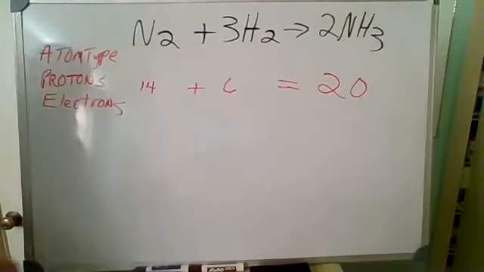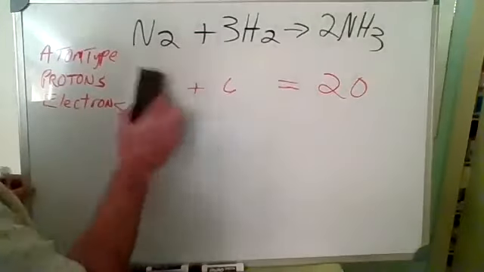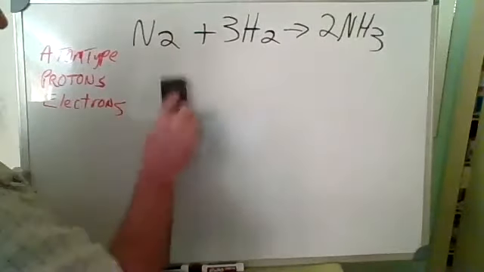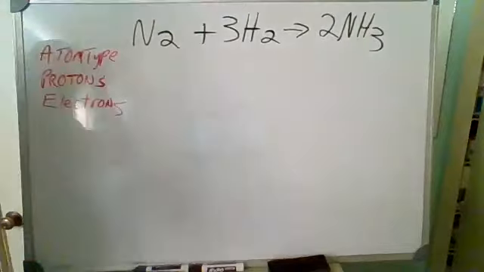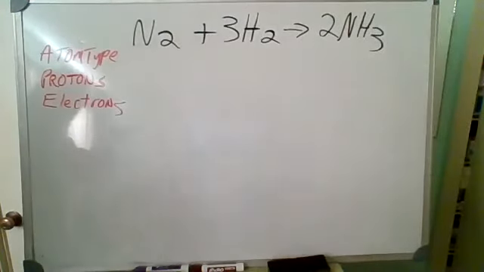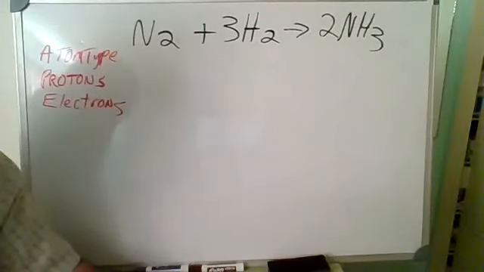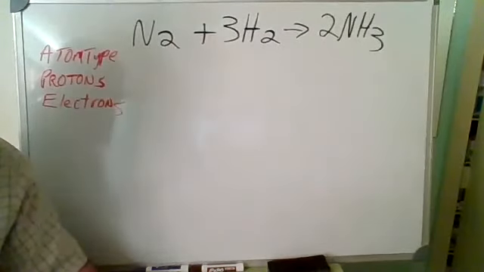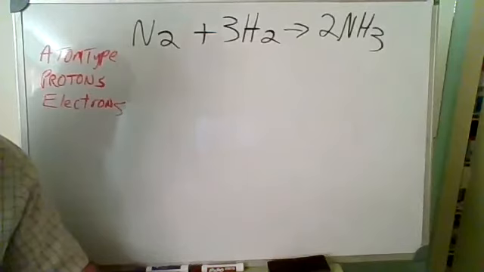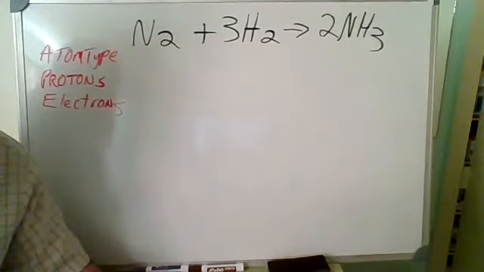Now, we learned in chapter 3, what were the 2 big things that we learned were conserved in every physical or chemical process? Anybody remember? What were the 2 big topics in chapter 3?